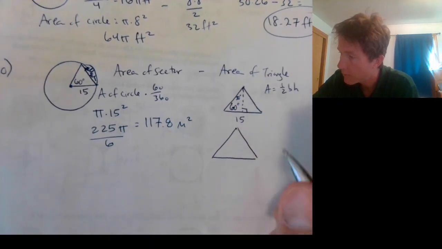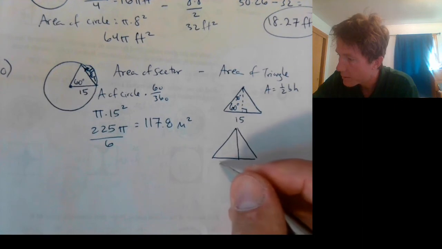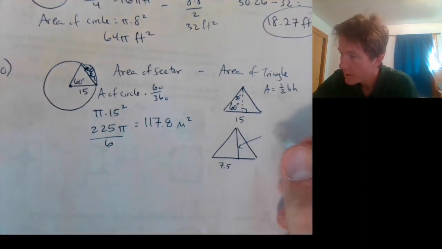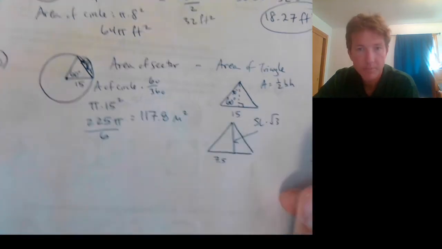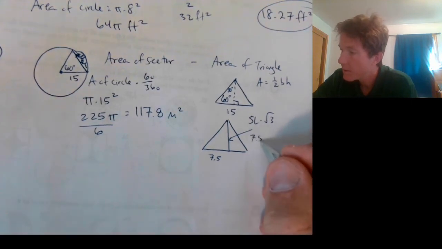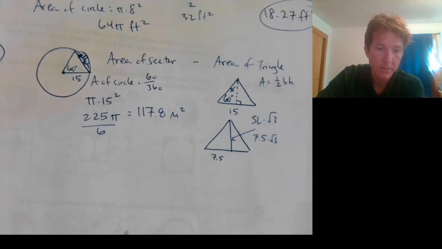This is a few sections ago. So this little bit here is 7.5. This guy is going to be the shorter leg times the square root of 3. Remember that from special triangles? So this leg will be 7.5 times root 3. And plug that in the calculator.